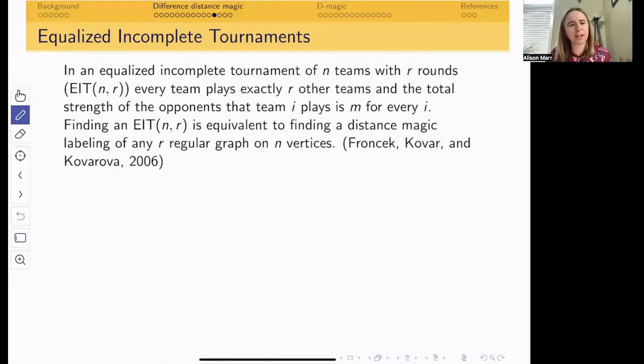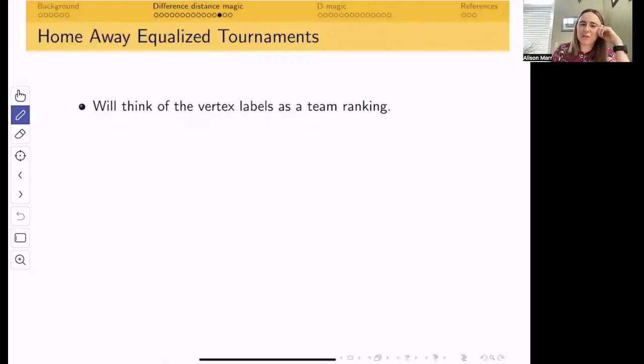In other words, finding an equalized incomplete tournament is the same as finding a distance magic labeling of an r-regular graph on n vertices. So every team is playing r teams, and the sum of all their neighbors is the same. That's this distance magic idea. Brian is motivated by this idea, and one of the first things we thought about was how we could convert that into this oriented case.